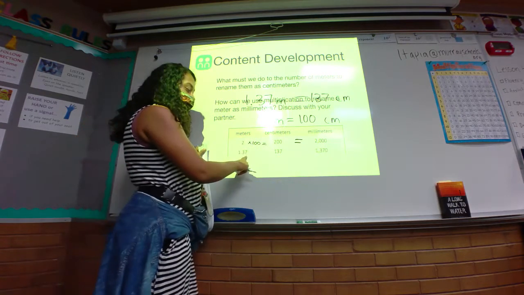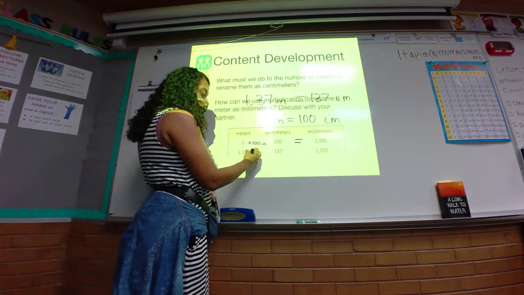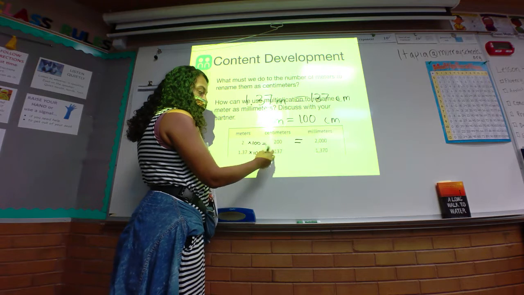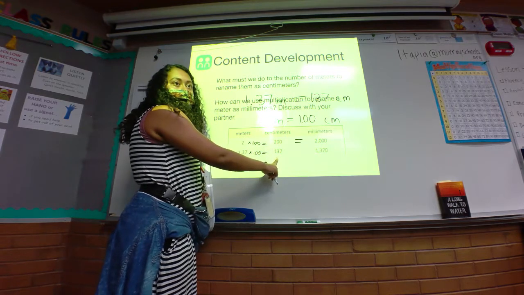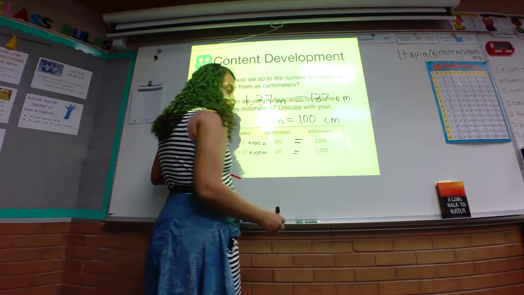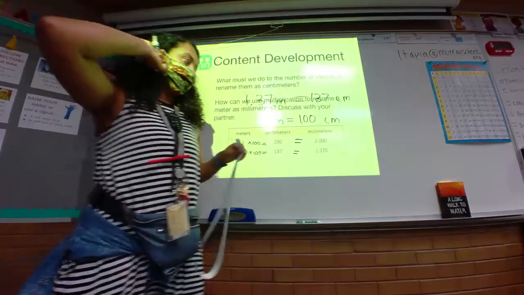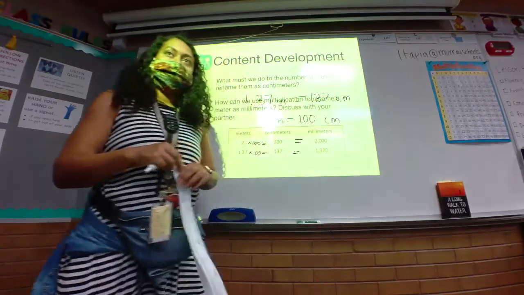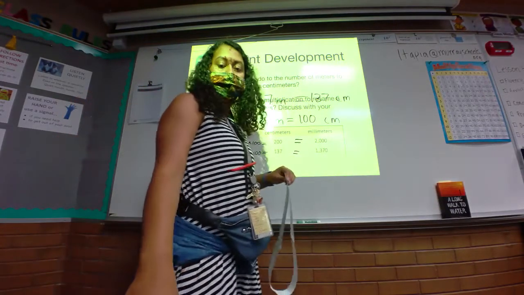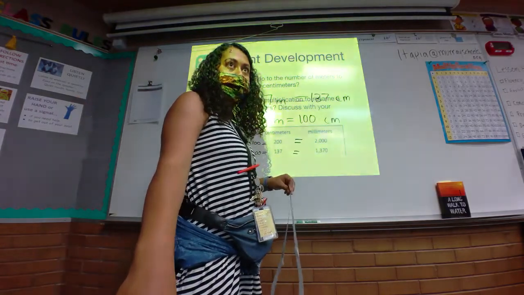Okay, so 1/37 meters times 100 to give us 137 centimeters, which is also equal to 1,370 millimeters. Okay.